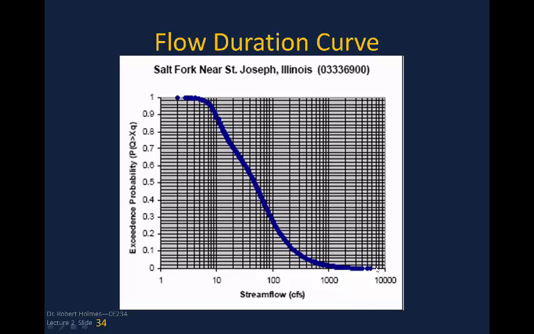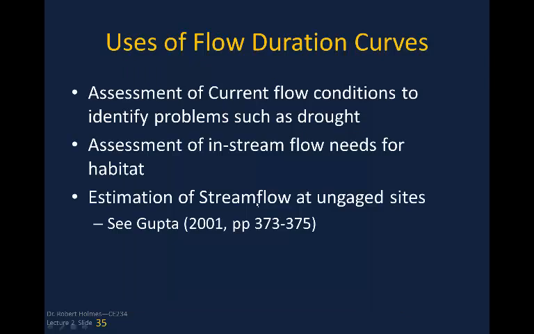We'll talk a little bit more about how to get that, and that'll be in some of your notes from your water resources concepts. We basically look at all the data and order it from smallest to largest, and we come up with a probability plotting position, and we'll talk a little bit more about that later.